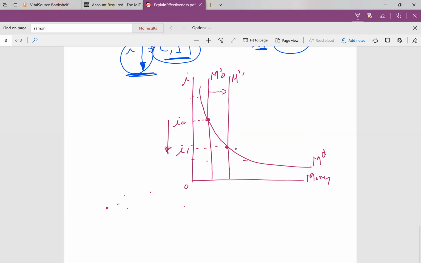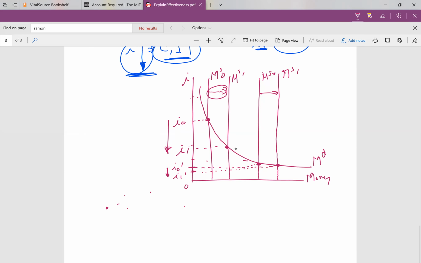Now I'm going to go to where interest rates are already close to zero. I'm going to call this I0 prime. And I'm going to increase my money supply by the same amount. Now I find myself here. And look at the drop in the interest rate, this tiny drop.